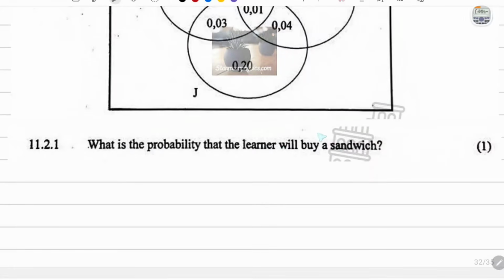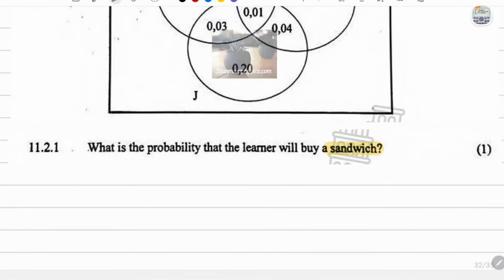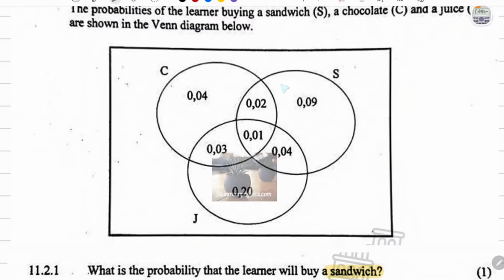So they want the probability that the learner will buy a sandwich. You see that we have the different circles: chocolate, juice, and sandwich. They did not say the learner is going to buy a sandwich and not a chocolate and not a juice. They just said a sandwich. So regardless of whether the learner is going to buy chocolate or juice, as long as they bought a sandwich, we're going to take that.